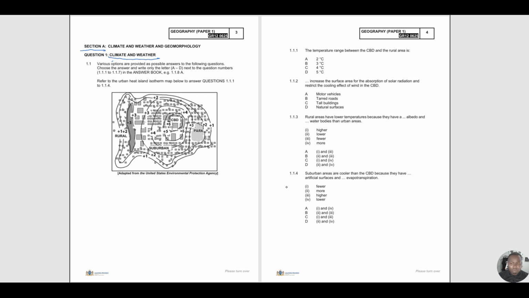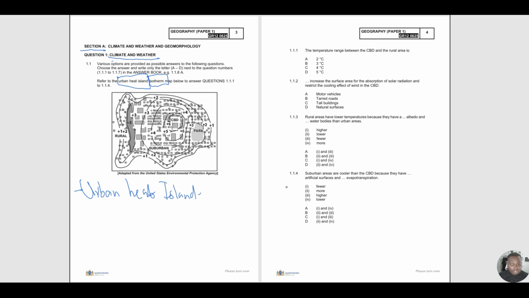Okay, before we attempt the question, we have to go back so that we can do a small revision. Refer to the urban heat island isotherm map below to answer questions 1.1.1 to 1.1.4. I want to separate these 2 terms. Firstly, let's refresh urban heat island.